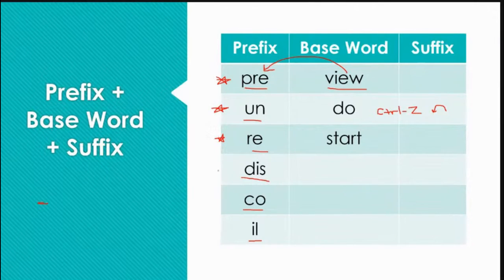Next, let's look at dis. Dis and miss have the same meaning, which is, again, not or opposite of. Here we have disappear. This means opposite of appear. What does appear mean? Appear means to show up, right?